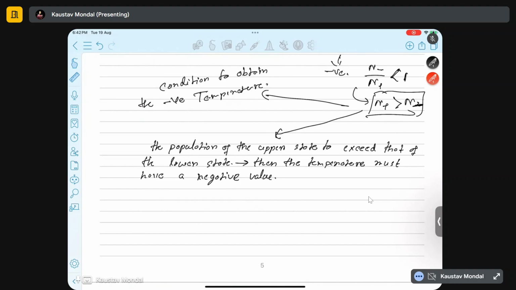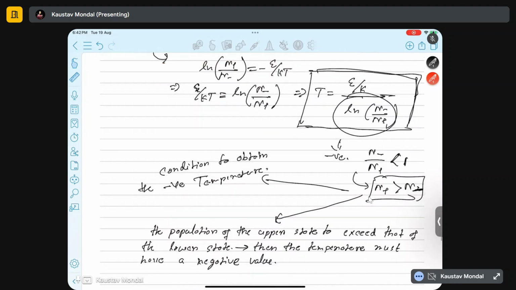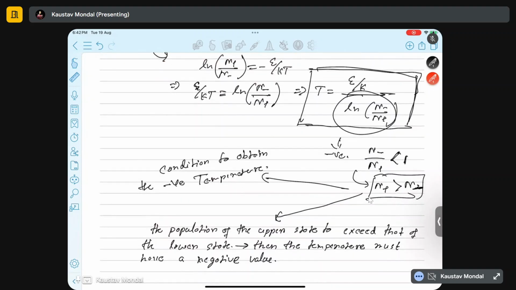Okay, so this is the condition to obtain the negative temperature.